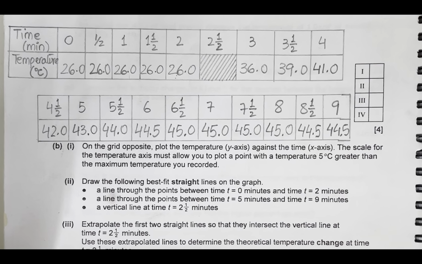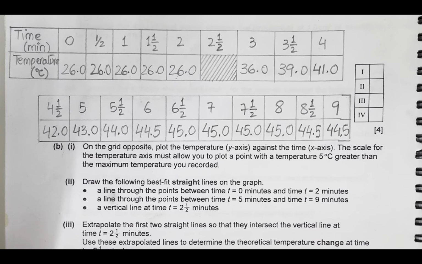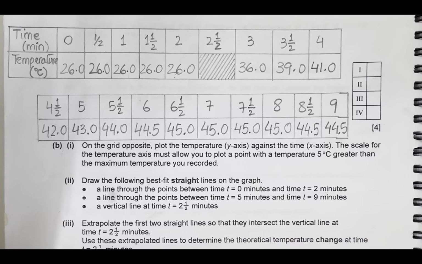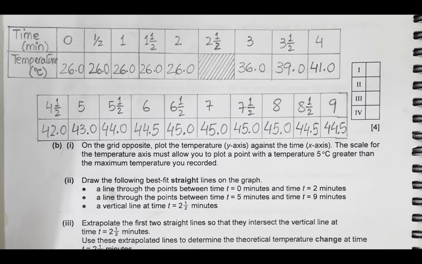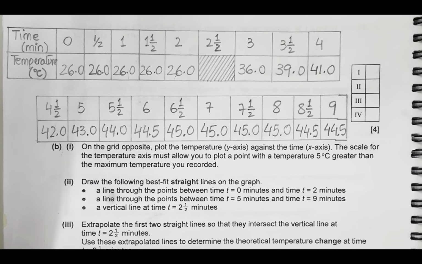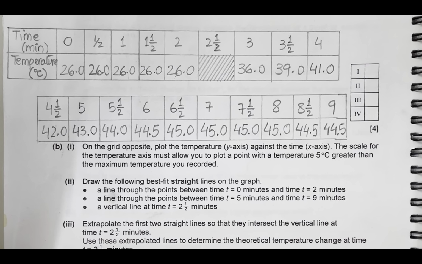The maximum temperature in our temperature readings is 45 degrees Celsius. So 5 degrees above means we have to select a scale for the graph which must allow us to plot at least 50 degrees Celsius. That is 5 degree above our maximum temperature.